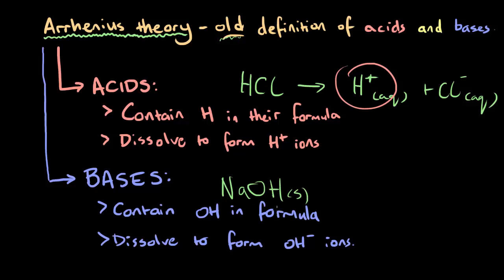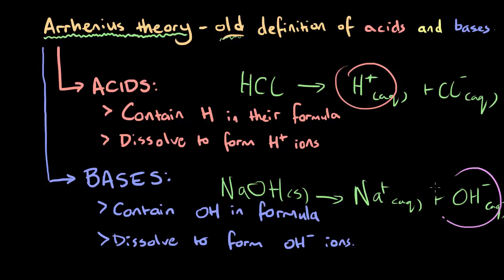Sodium hydroxide contains OH in its formula, and when it dissolves in water, it forms sodium ions plus hydroxide ions. And according to the Arrhenius theory of acids and bases, it's actually the hydroxide part of the substance which makes it basic, not the sodium part.